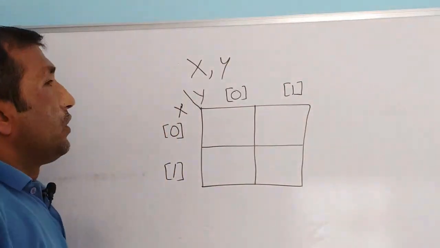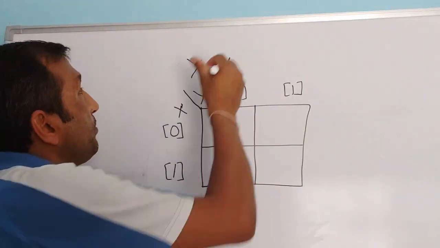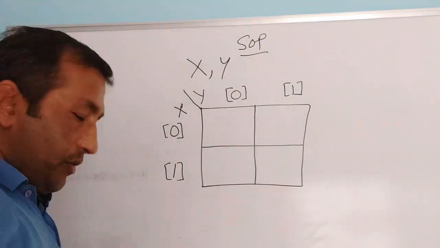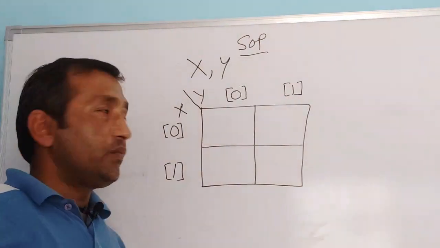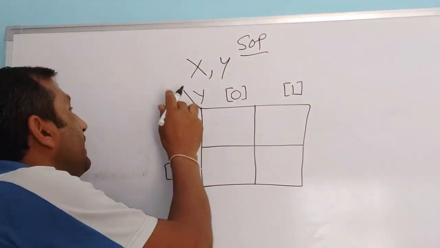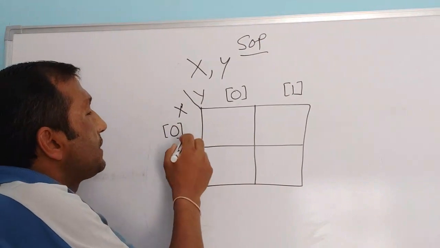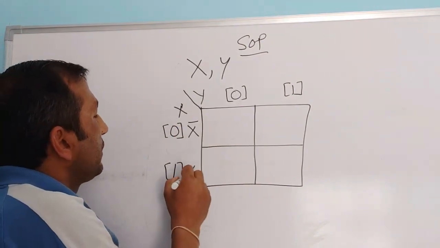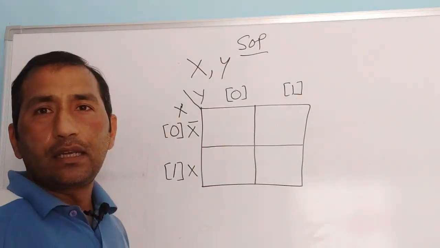Now for SOP, sum of product, which you are well aware of, we take 0 as barred. So in this case it will be x barred, and here x is taken as it is.